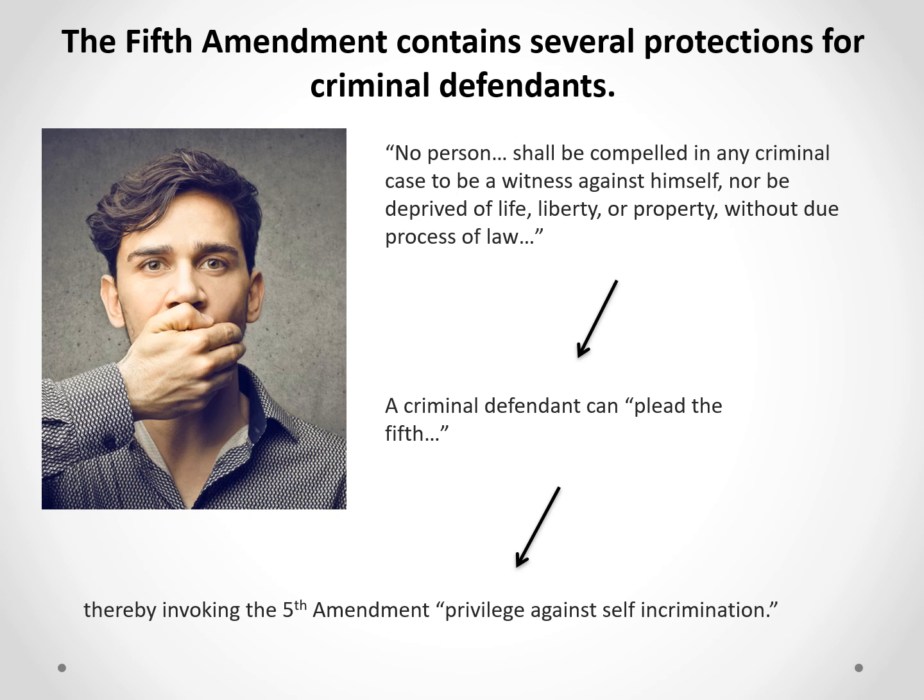I want to say a word as well about this due process clause. Nor be deprived of life, liberty, or property without due process of law. We've seen due process before. There's actually two due process clauses. One of them is in the Fifth Amendment right here, the Bill of Rights.